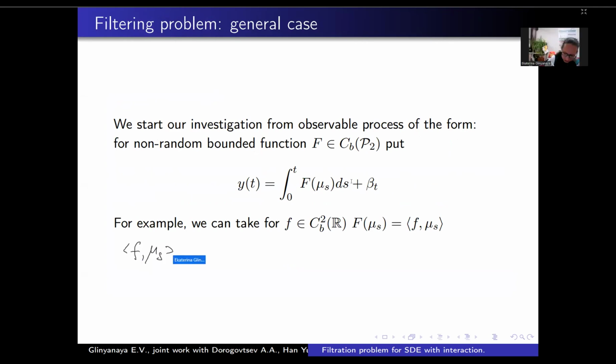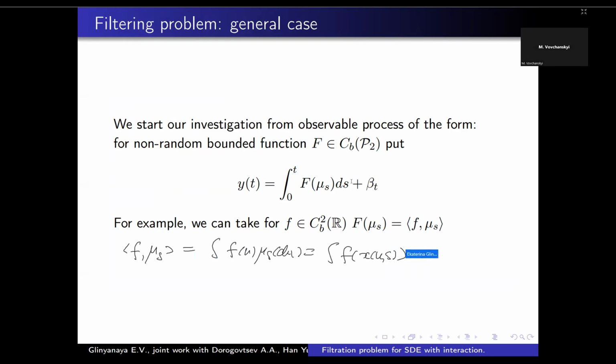If we consider just an integral, yes, you're right. So if we write the integral of f with respect to mu s du, then we just have f of the solution. Yes, it's an integral with respect to x, mu 0 du. So here, yes, this is an Ito process, and the result is obvious.